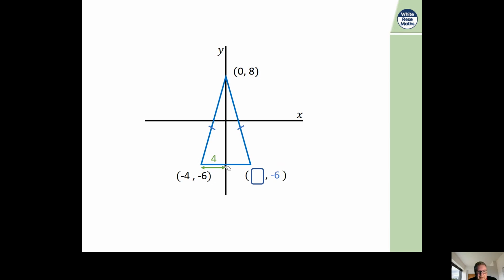What this is saying is from this midpoint here, we're going across 4. And if this is a line of symmetry, what do you think this is going to be? Could it be 4?